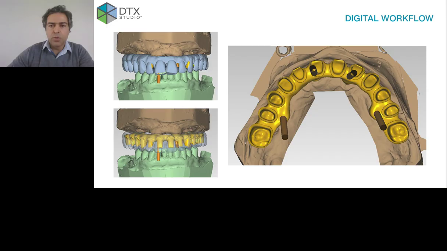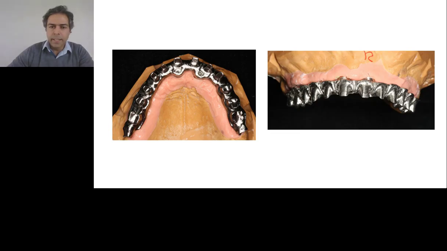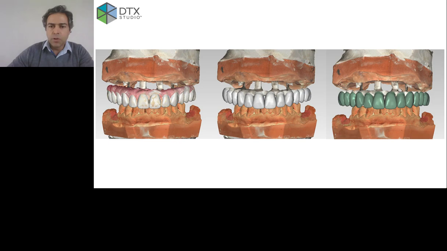Today we have the chance to do this again on the DTX Studio Lab in the full digital workflow. So we just need to scan again a wax-up or a provisional acrylic bridge, and in the software we are able to design and individualize the titanium framework that we will order and get in our lab, and also we can design and have these individual ceramic crowns milled with the shape you want.